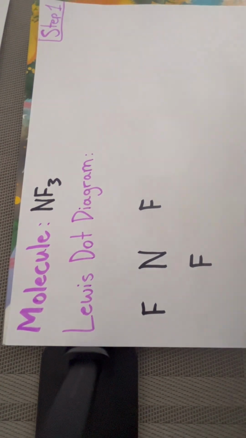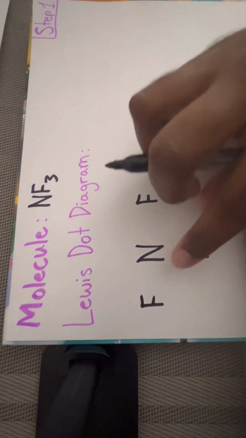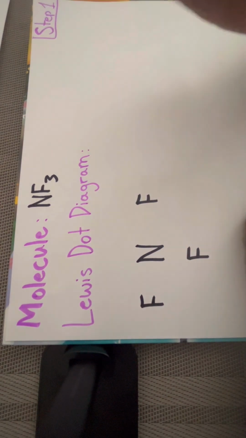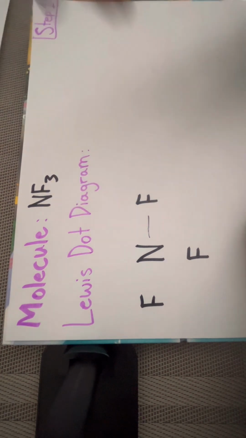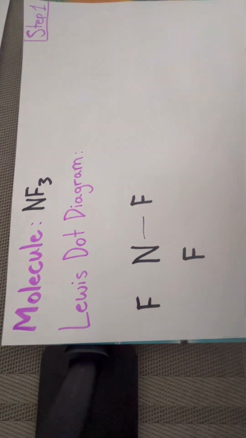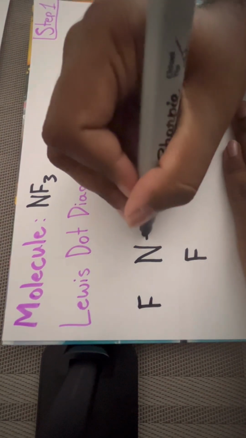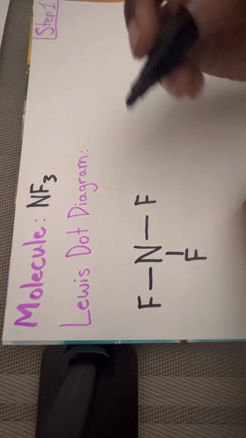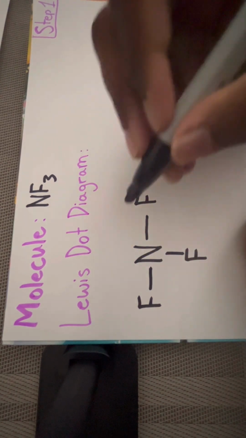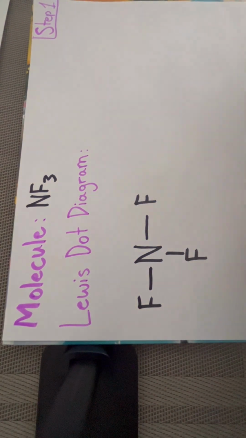Immediately, we notice that none of these have a full octet. So we immediately draw single bonds. These will represent 2 electrons, and I'll show you.